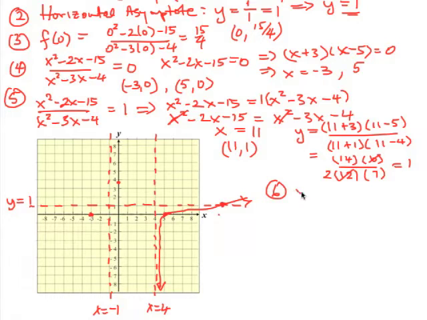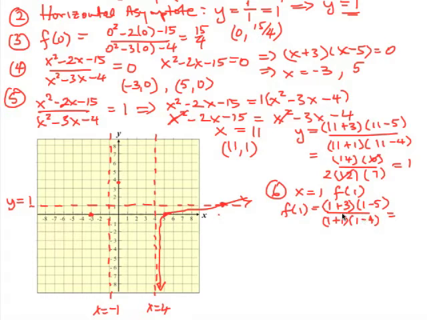For example, if I have x is equal to 1, what's f of 1? Well, if we look up here, f of 1 is going to be equal to 1 plus 3. The factored form is actually easier to work out. 1 minus 5 over 1 plus 1 and 1 minus 4.